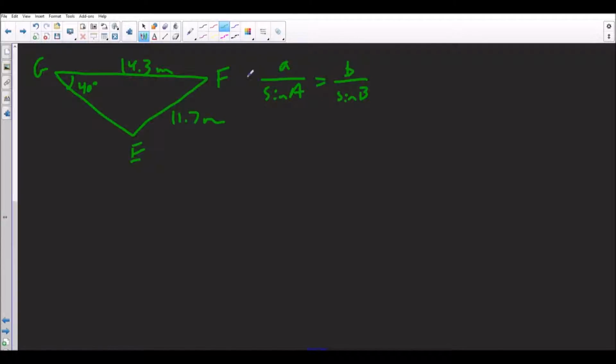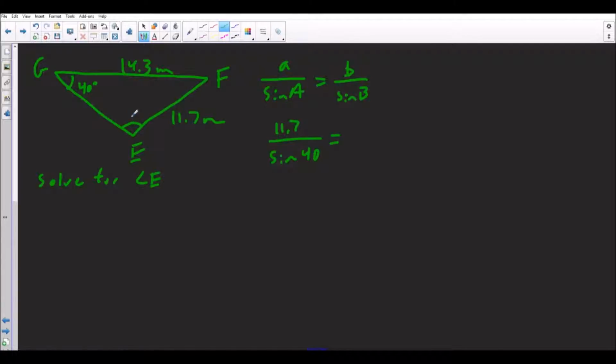So the side across from it, let's just call this one A. So 11.7 divided by sine of 40 is equal to, and the question is to solve for angle E, which is just this.